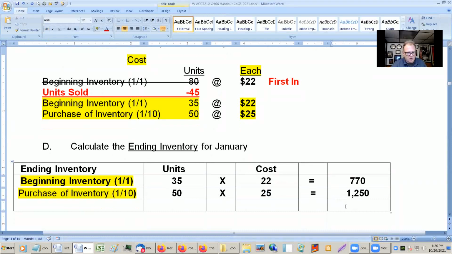Okay, so that's it. Those are the ending inventories for this. So this would be.